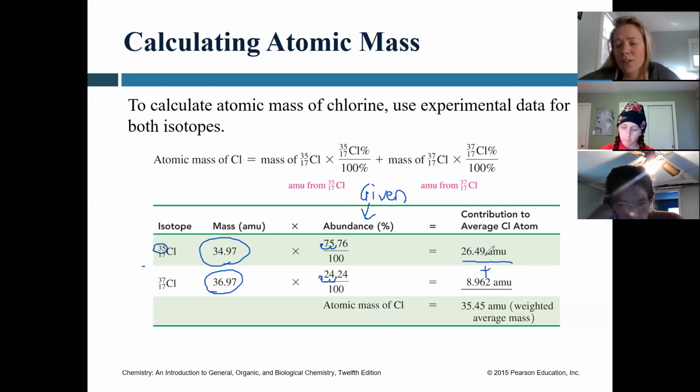This is 35, this is 37. This thing isn't falling anywhere near that. But when we add them together, what happens is we get an average of 35.45. This final number that you come up with better sit between your 2 isotope masses. If your final number is greater than 37 or less than 35, you've done something wrong.